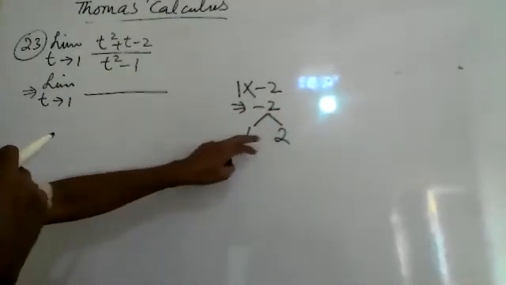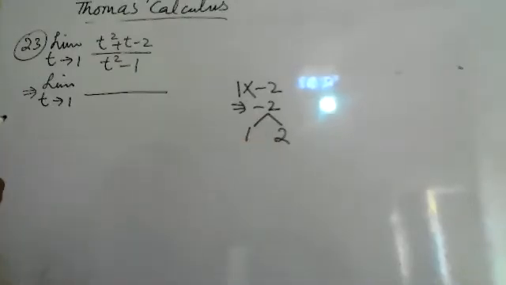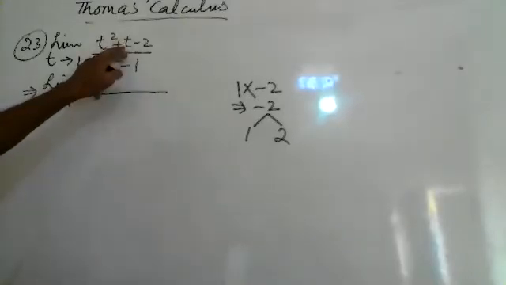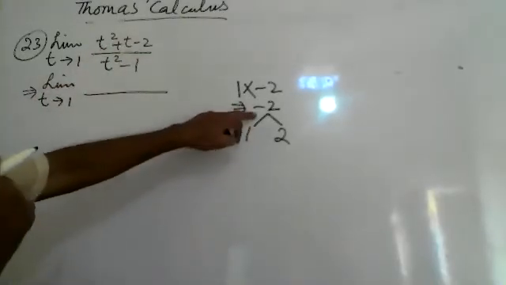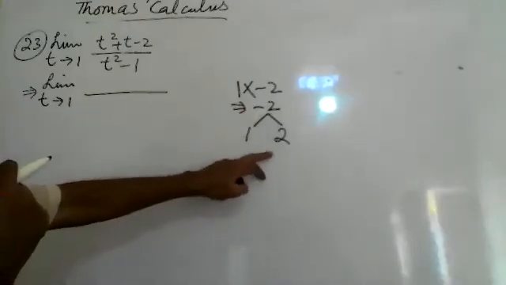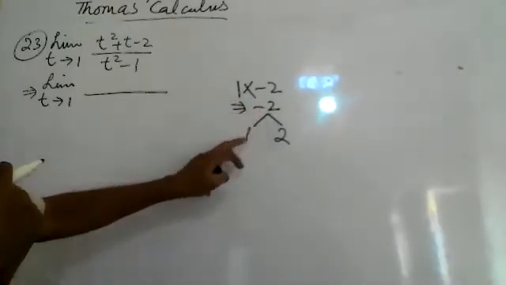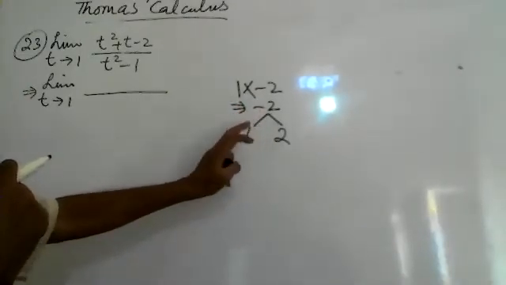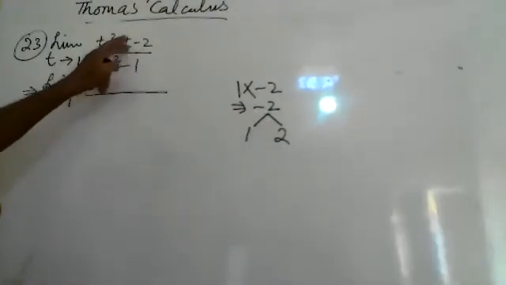Therefore, the difference of 2 and 1 will be 1. So the middle term is 1. If there is a minus sign, we will take the difference. If there is a plus sign, we will take the sum. The sum should be the coefficient of the middle term.